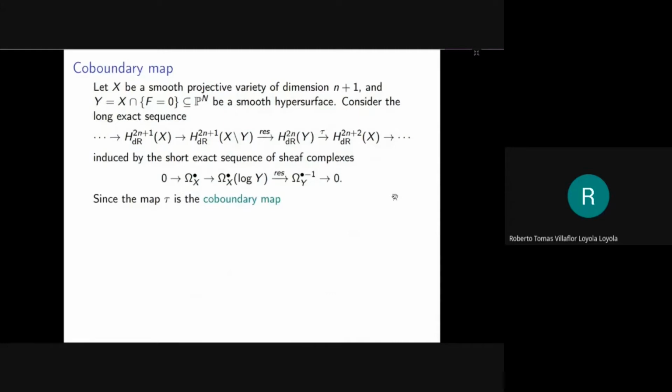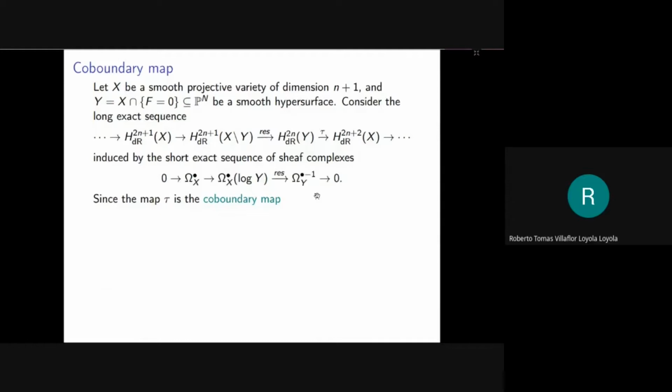Since the map tau, which we want to describe, is the coboundary map induced by this short exact sequence of complexes, we can give a nice description of this map in terms of hypercohomology.